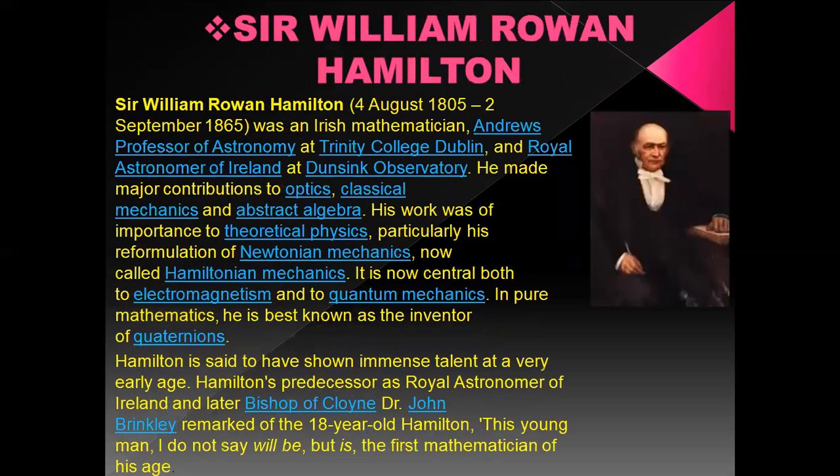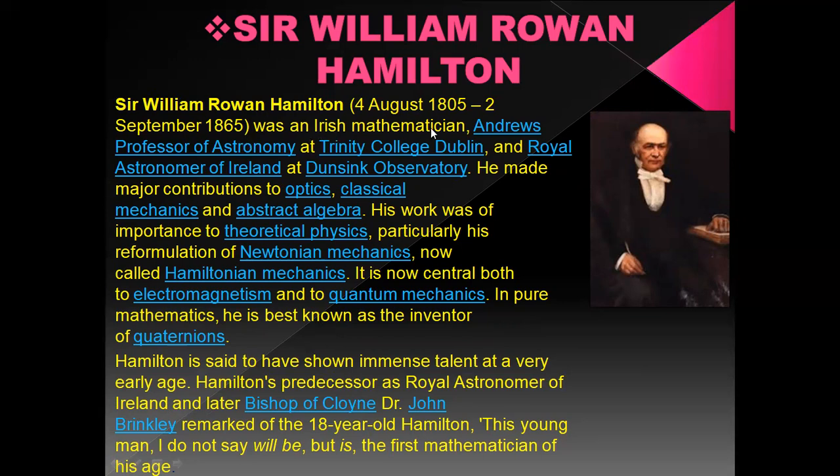Coming to our next great mathematician, Sir William Rowan Hamilton. He was the other one who helped Cayley in finding the Cayley-Hamilton theorem. Sir William Rowan Hamilton lived from 4th August 1805 to 2nd September 1865.